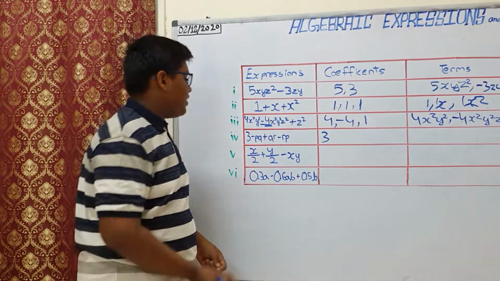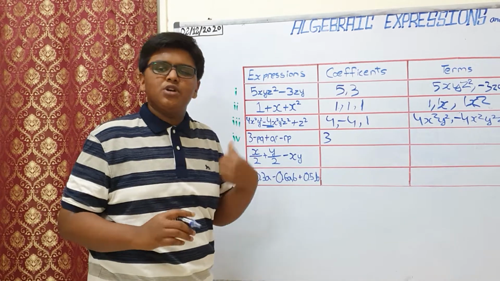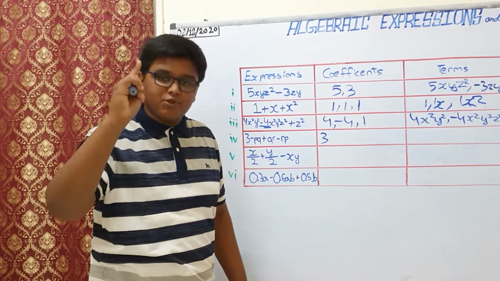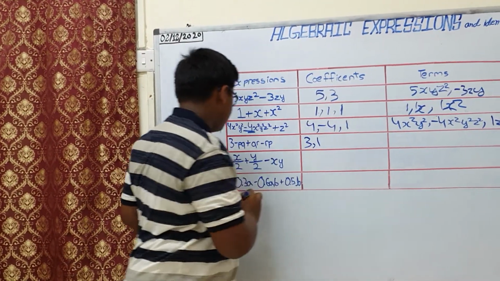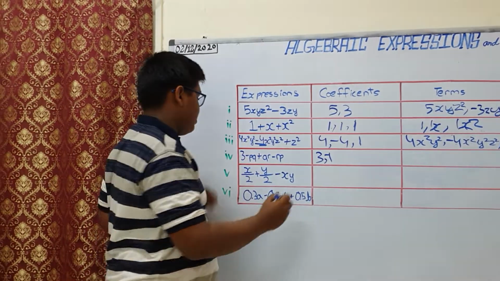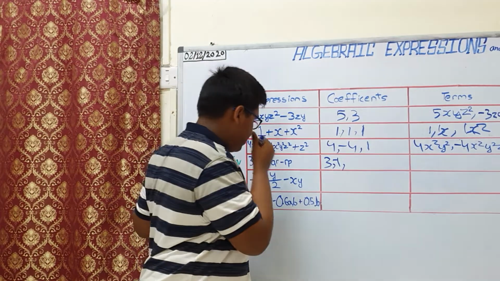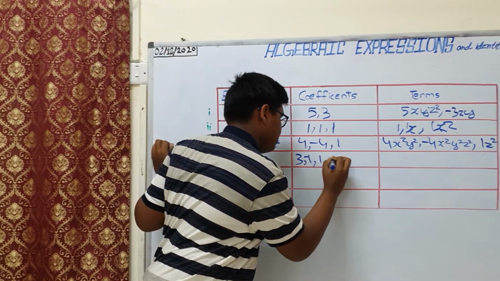Even if there are a million variables, we are going to put one. So the second thing is minus 1, because this minus is included with it. Then qr which is 1. Then another thing rp which is minus 1.